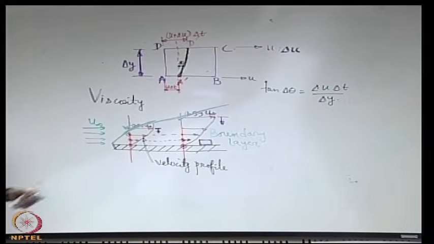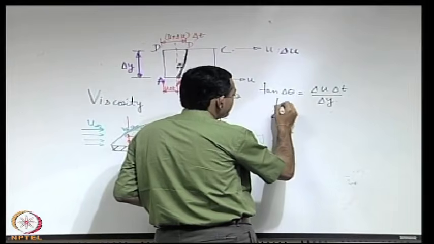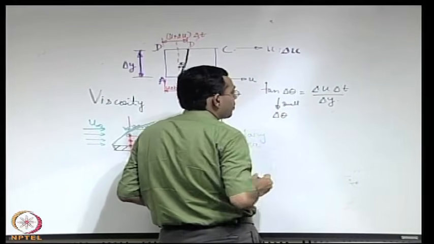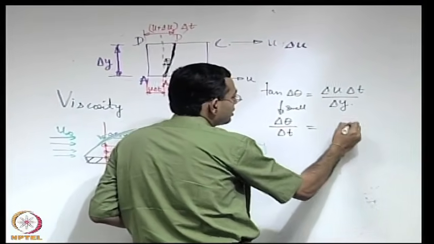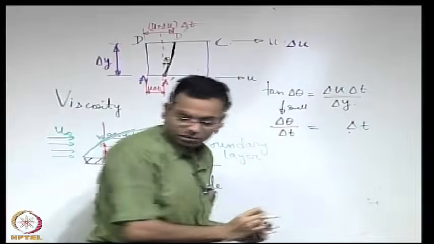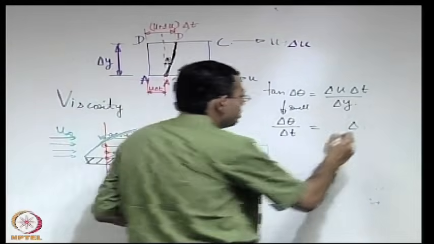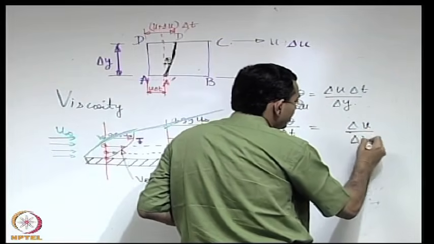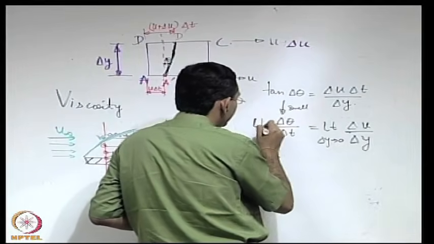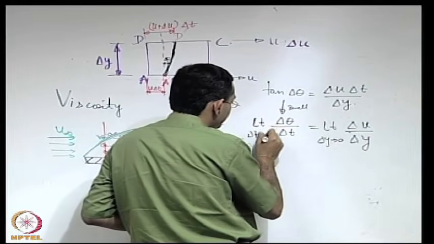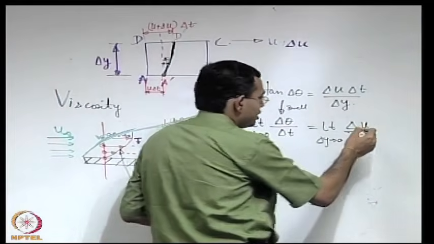For small delta theta, tan of delta theta is roughly like delta theta, and then you divide that by delta t. On the right side you have delta u by delta y, and you take the limit as delta y tends to 0 as well as delta t tends to 0.